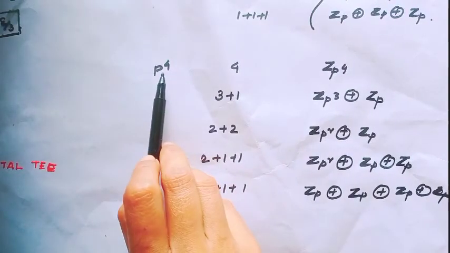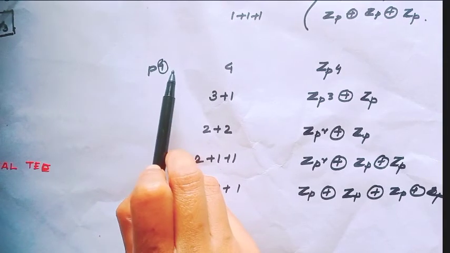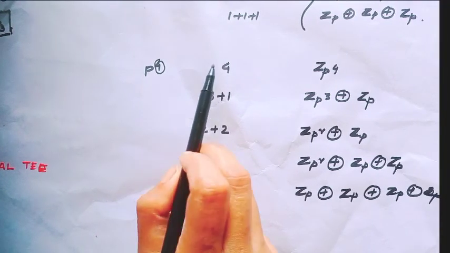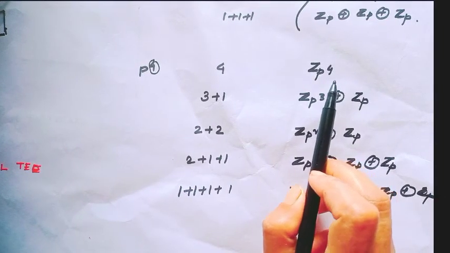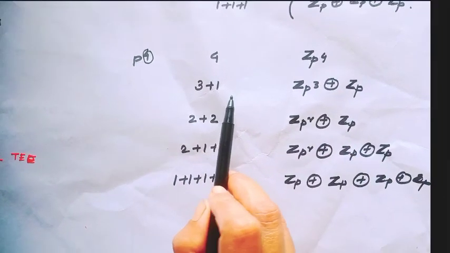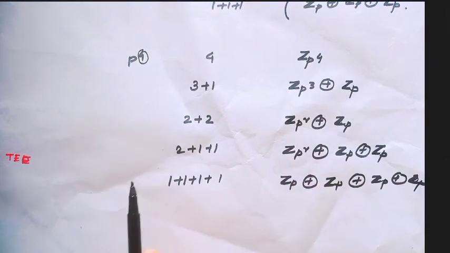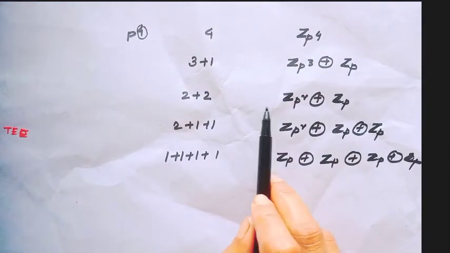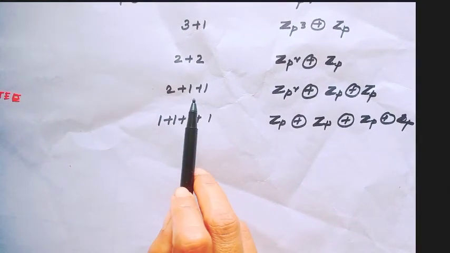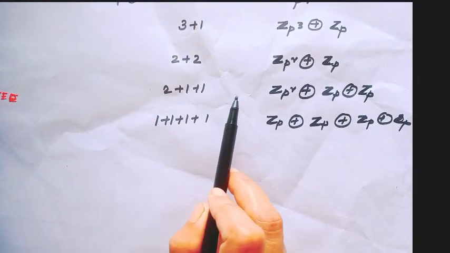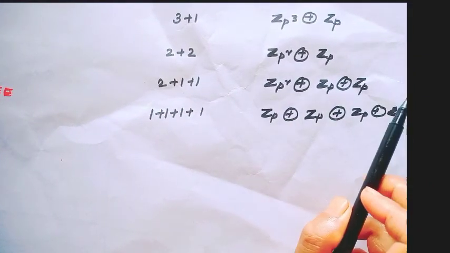Now consider p to the power 4. Here the power is 4. Now partition 4. At first 4, then it gives Zp to the power 4. Other 3 plus 1, then it gives Zp cube direct product Zp. Other 2 plus 2 gives Zp square direct product Zp square. Other partition 2 plus 1 plus 1. This gives Zp square direct product Zp direct product Zp.